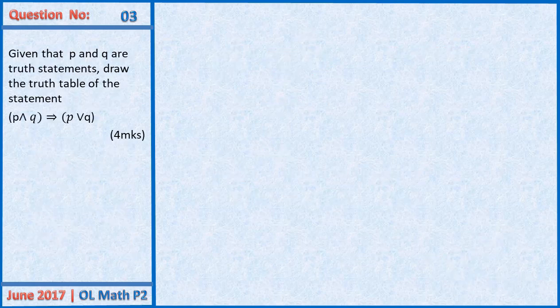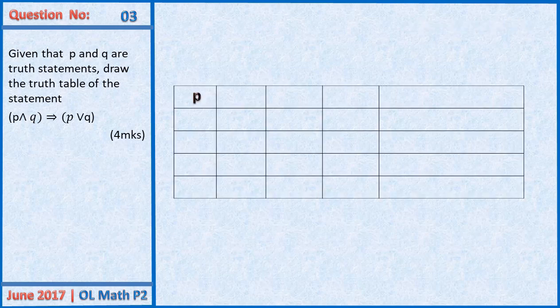Question 3. Given that P and Q are truth statements, draw the truth table for the statement P and Q implies P or Q. We first of all have to start with the true and false values. So on a table, we have columns for P and for Q. So when P is false and Q is false, when P is false and Q is true, when P is true and Q is false, and when both are true.